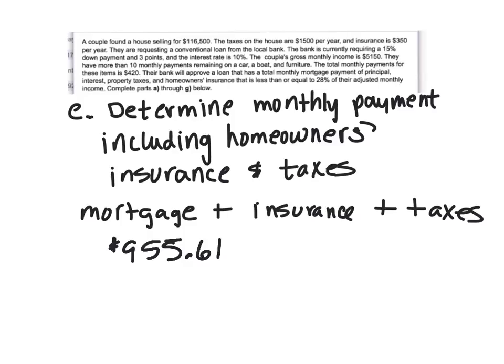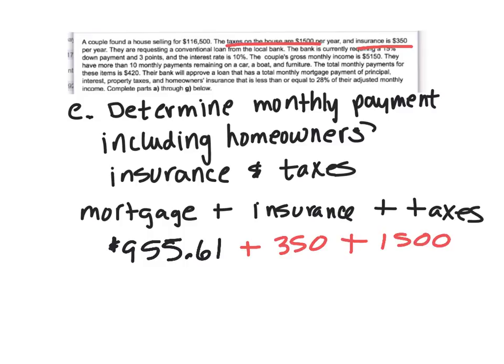Now, for the insurance and taxes part, what is a really common mistake that people make, I'm writing this in red because I'm getting ready to do something wrong, is that they see the taxes up here is $1,500, and then they see that the insurance is $350, and then they add the $1,500 for taxes.